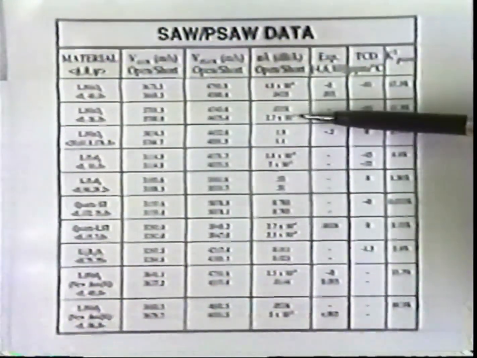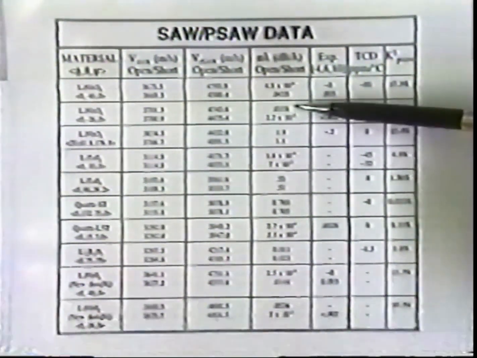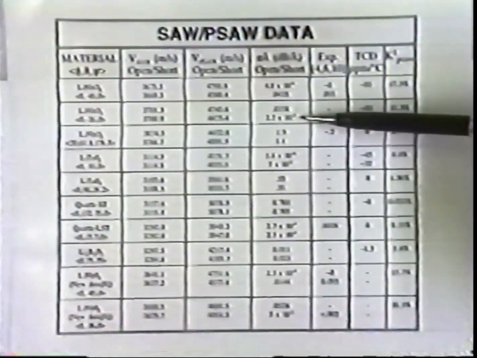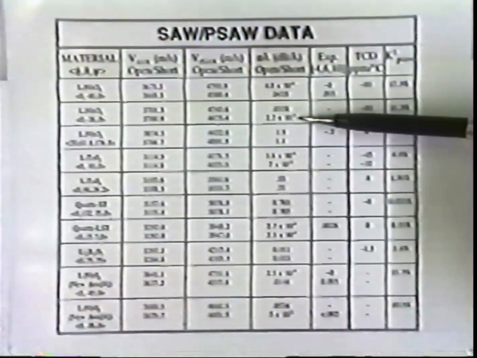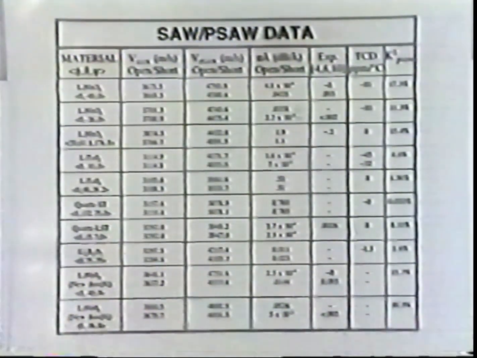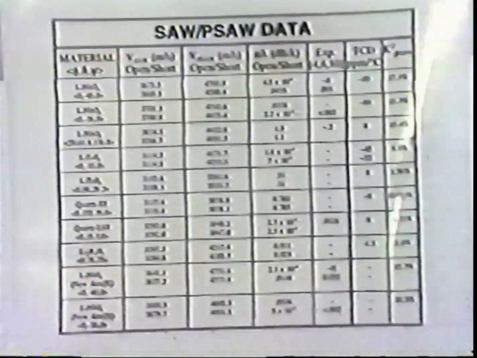And conversely, for the 26, minus 26 degree, you'll find that it is the short-circuited surface that has a very deep minimum in the propagation loss. This is very typical of calculating the pseudo-SAW attenuation for materials as a function of orientation.